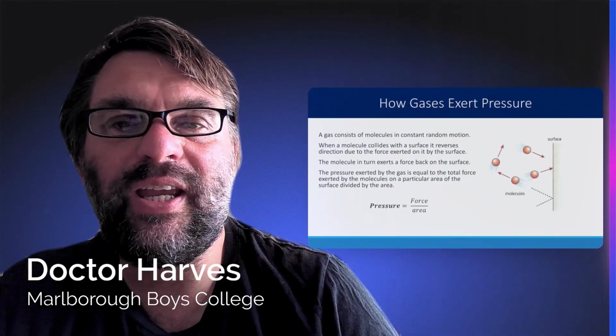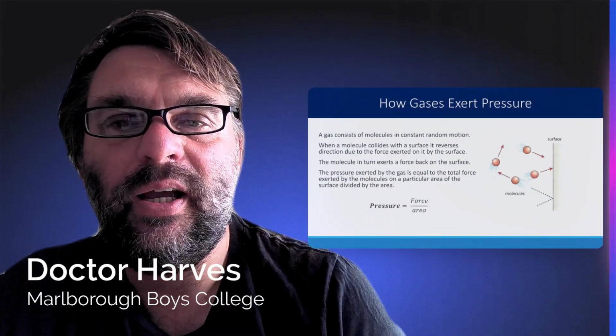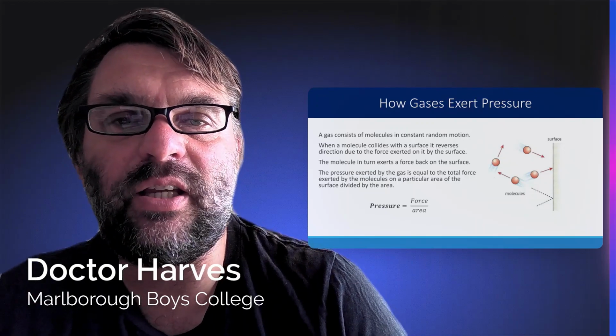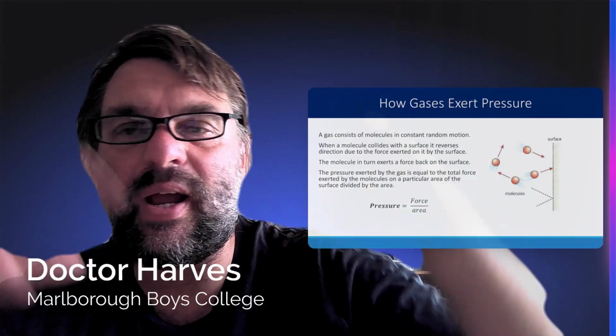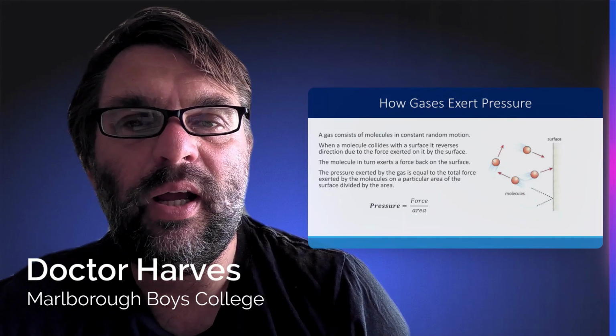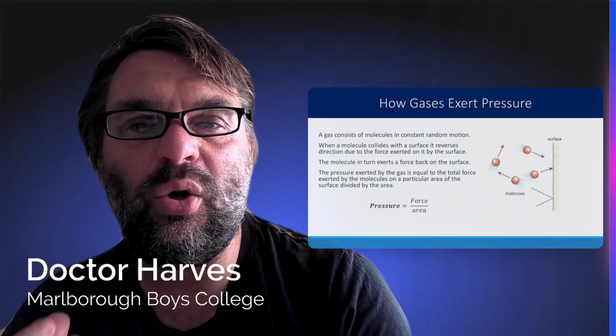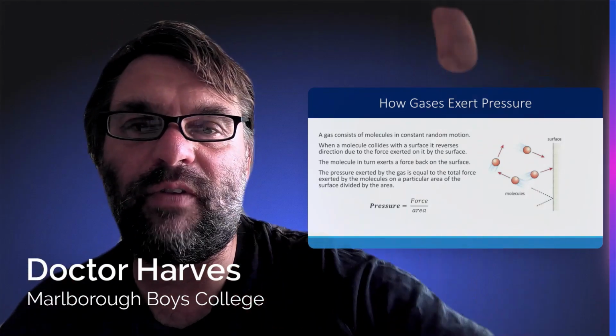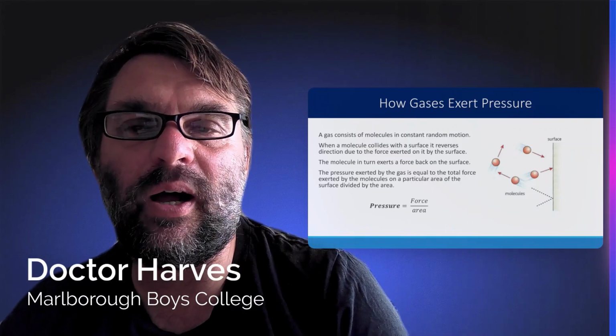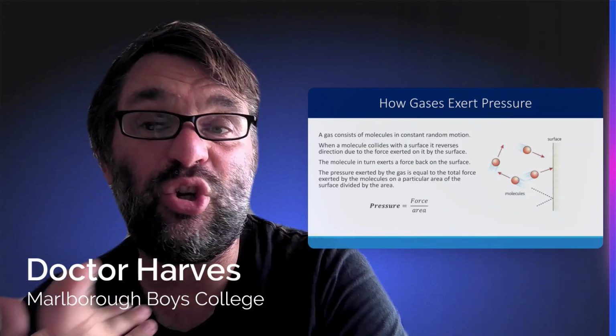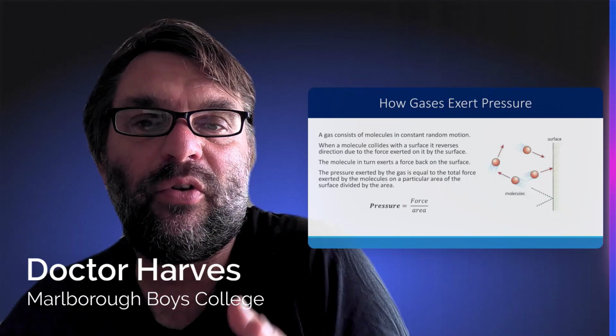And finally, just looking at how gases exert pressure. So as we know, a gas consists of molecules all bouncing around in random motion. Okay, and when a molecule collides with the surface of the inside of the can, it's going to apply a force on the surface. Okay, and it's going to be over an area.